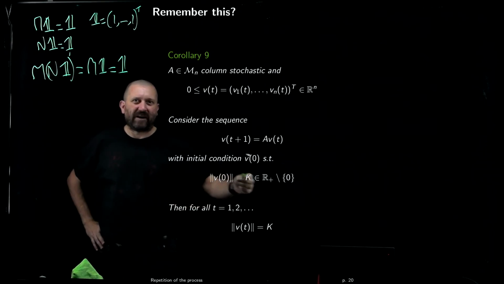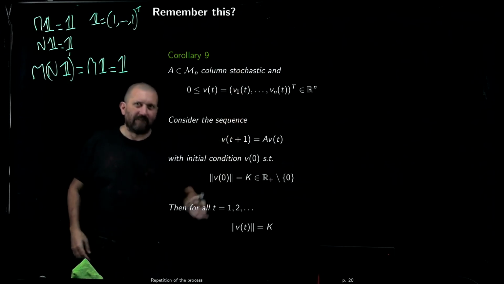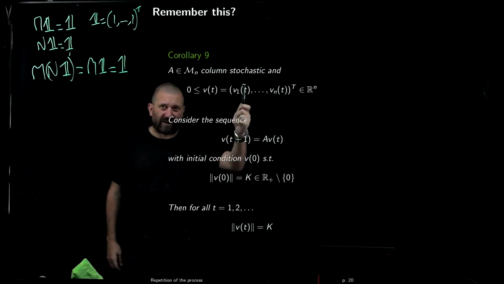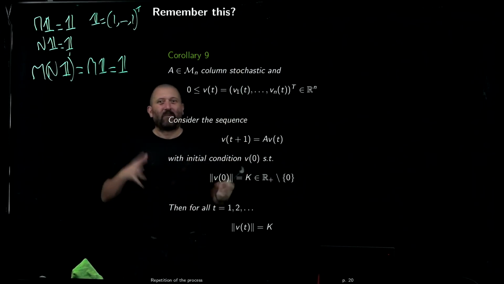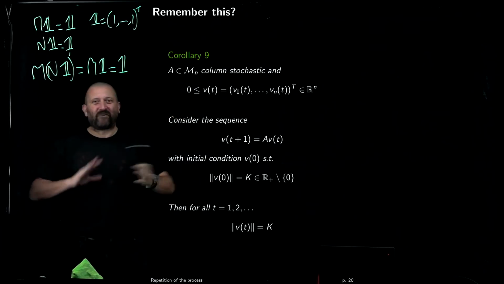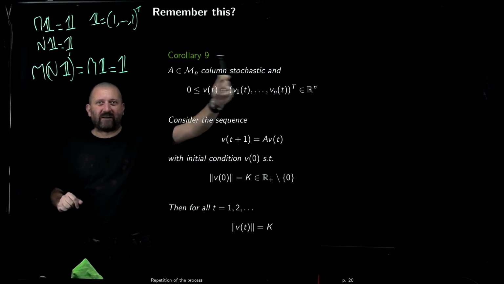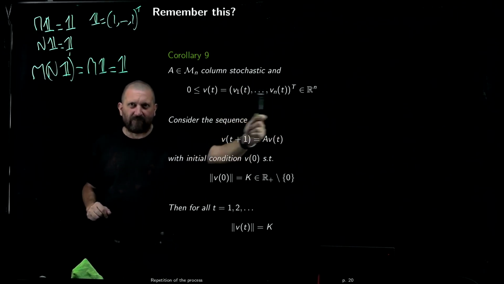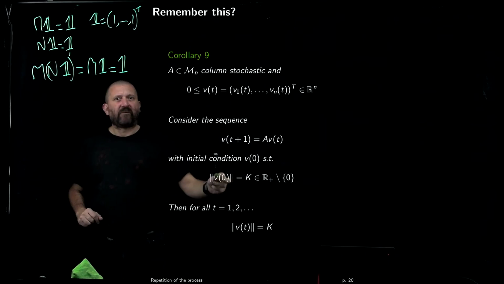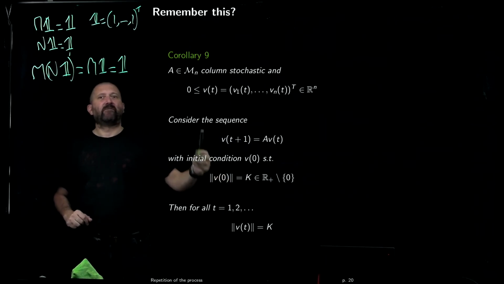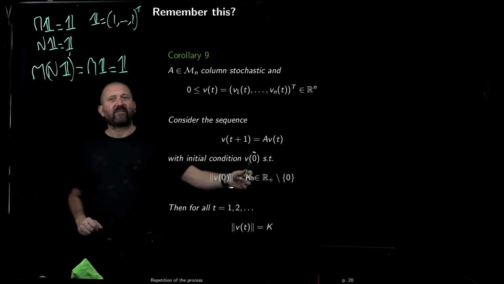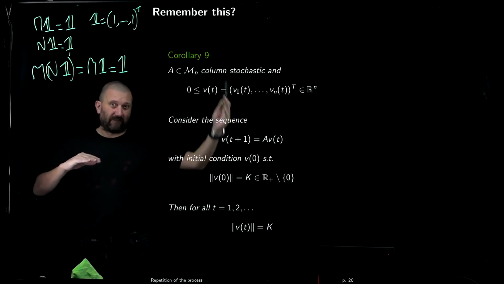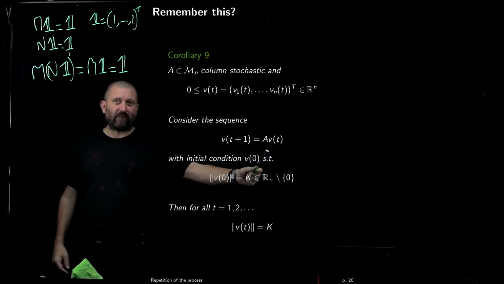So if I define a sequence, here I've taken the matrix to be column stochastic. Compared to what we're doing in the rest, it's just a transpose. But I take a column stochastic matrix, I take a column vector V, and I define the sequence. This time, instead of multiplying the matrix on the left, because I'm looking at a column vector, I'm multiplying it on the right.